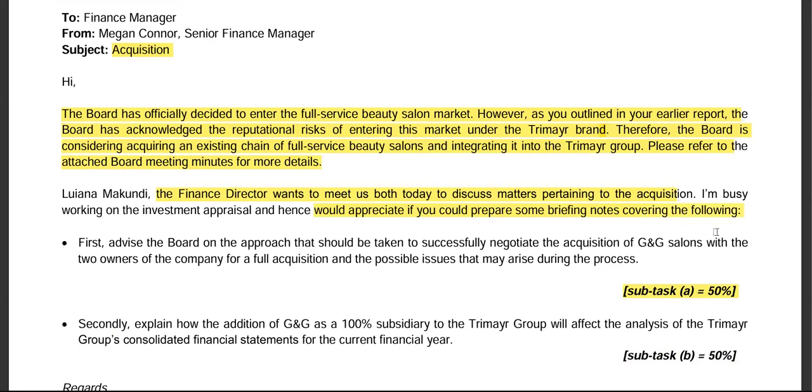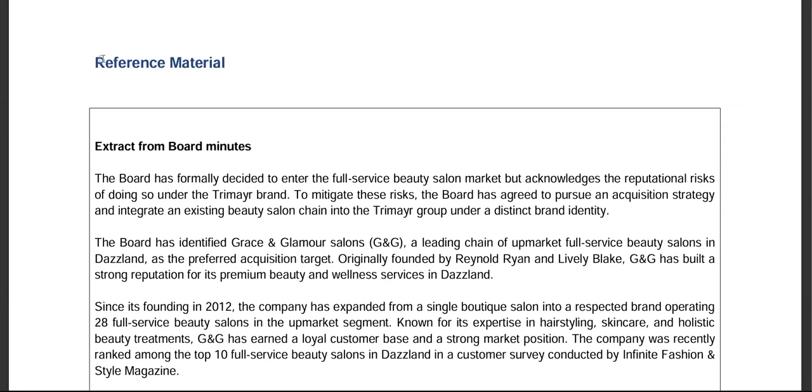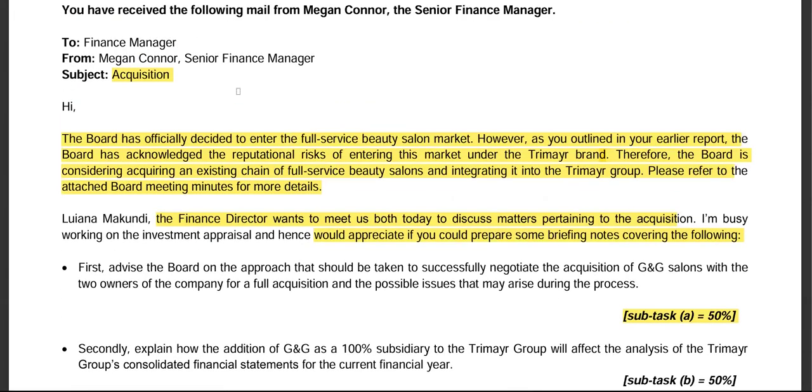And another observation, we will also take this up within the Q&A session as well. We noted that some of your answers were referring to the board meeting minutes as reference material. Now, that's not the appropriate term. You are replying to an email to the boss at the end of the day. So you have to place yourself in the position of the finance manager.